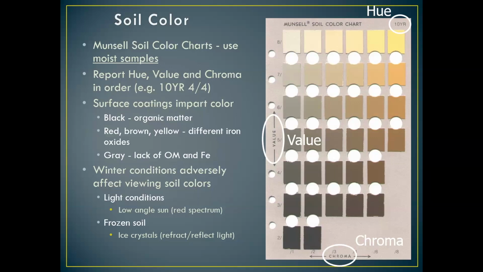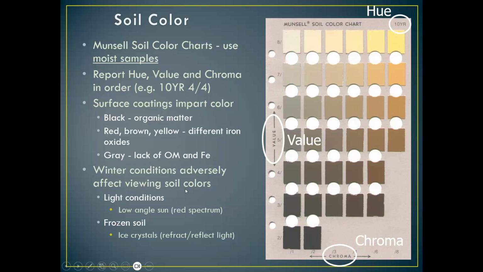Black organic matter is going to make a darker soil color. The reds, browns, and yellows are different iron oxides. And then the gray can be a natural color of the soil, or it could be a lack of organic matter and iron oxide. If we don't have anything covering it up, it could be gray, or the iron has changed color and has been bleached out of the soil, so to speak.